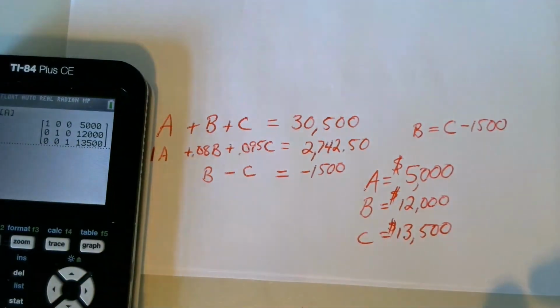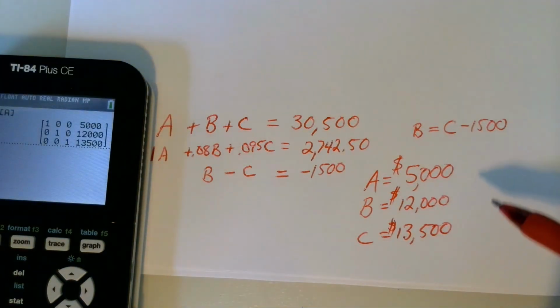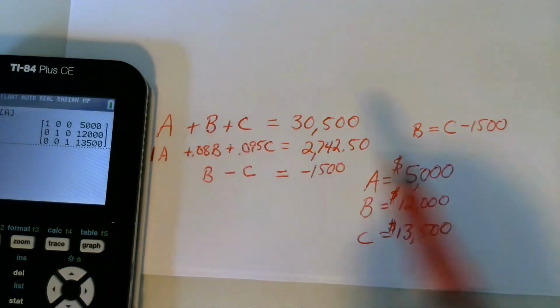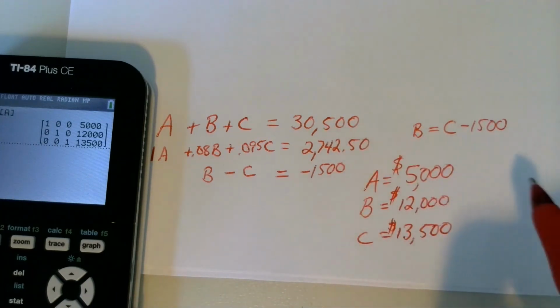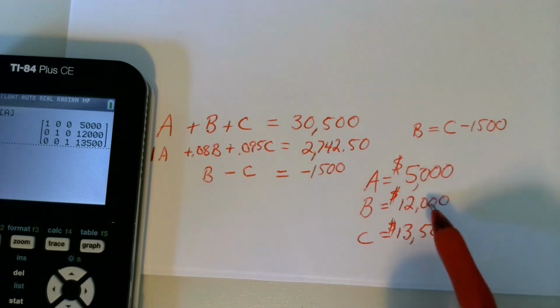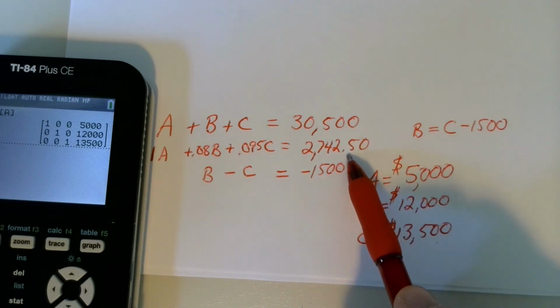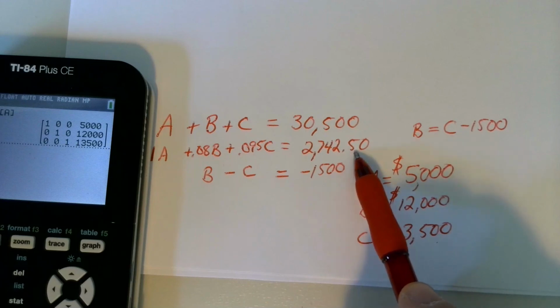Those were the 3 investments that she made, and if you double check on all these things, take a look, right? A plus B plus C, these 3 things should add up to $30,500. Check, they do. That if I did 10% of A, 8% of B, and 9.5% of C, it should equal $2,742.50, and it does.